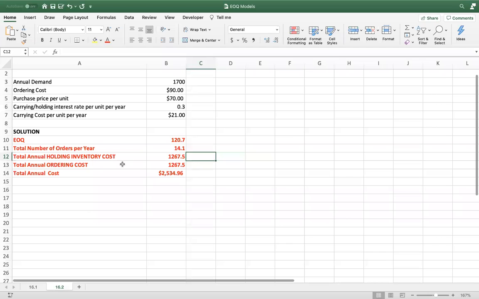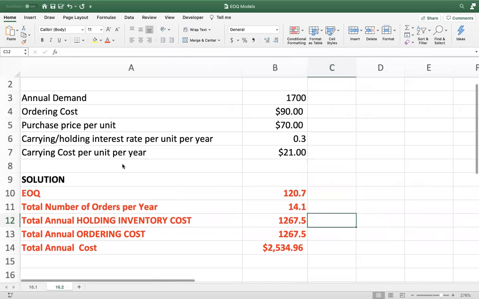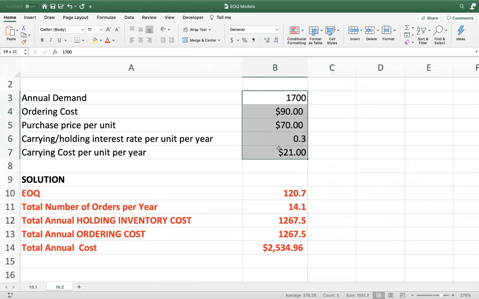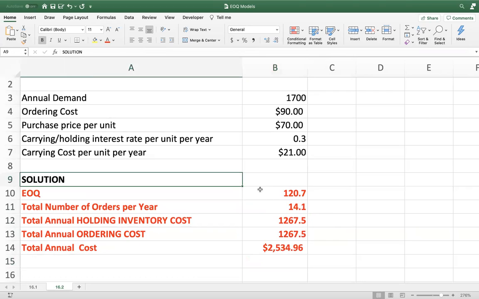So this second one is basically the question that we just solved. And here on top, you can see the parameters, and the solution is just implementing the formulas that I just showed you in Excel. So again, if you encounter any problem like this one in your assignments or in your tests, you are more than welcome to use Excel for solving it.